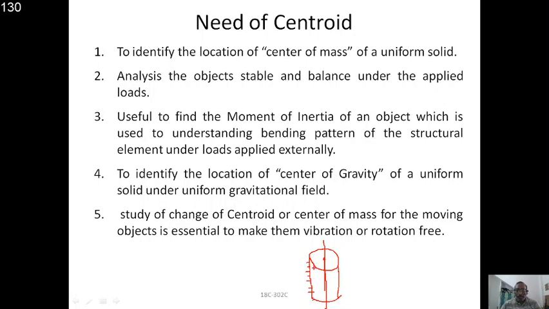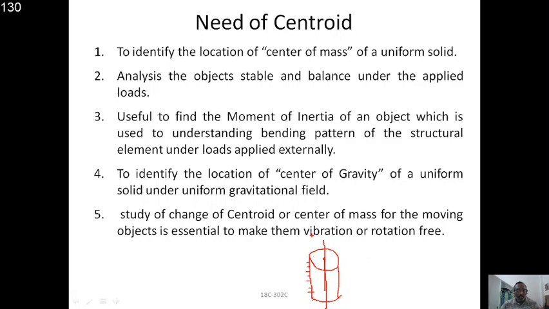Because if I am going to apply a load on this uniform solid, if I apply it somewhere here, other than the centroid, what happens? It will create a tilt in the object. So in order to avoid this, what do I need to do?